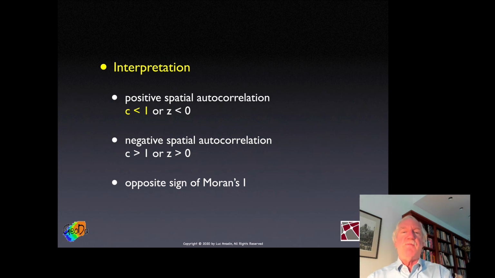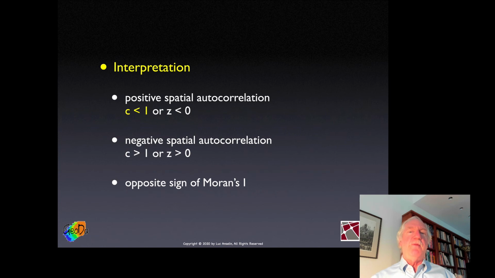Here we have dissimilarity. So small is similar, large is dissimilar. So because a small square difference will give us a negative Geary C, positive spatial autocorrelation actually matches a negative sign. Negative spatial autocorrelation matches a positive sign. So it's the opposite of Moran's I.